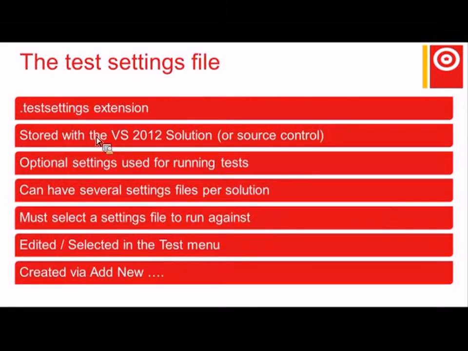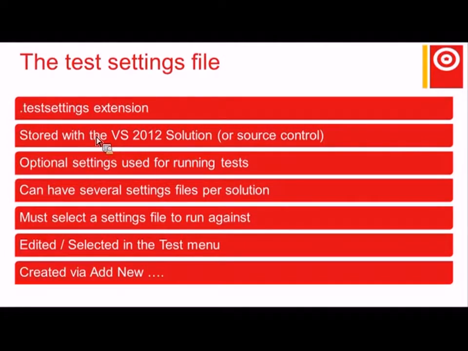You can have more than one test settings file, and they're stored within the solution folders of the test. You might have one for each of the different operating systems you want to test your code upon.